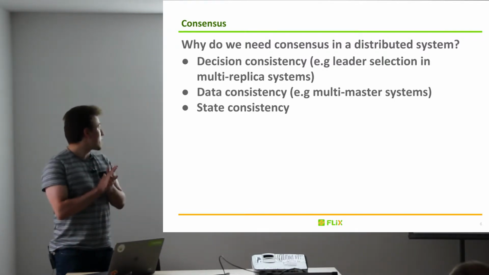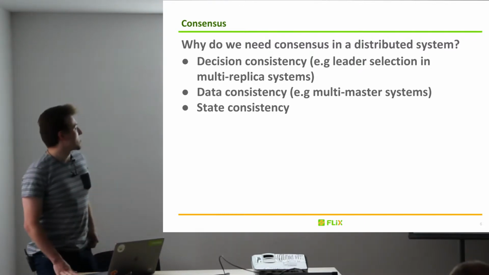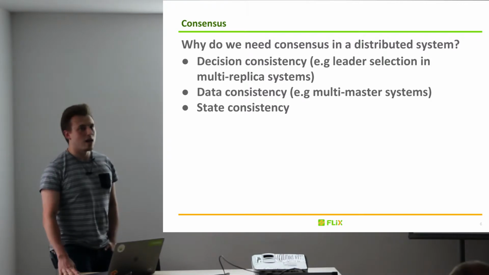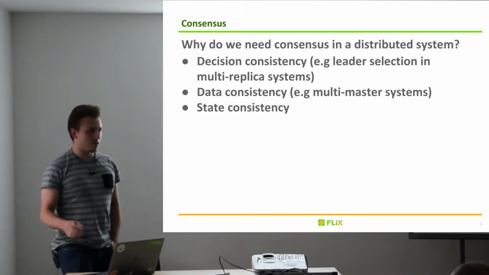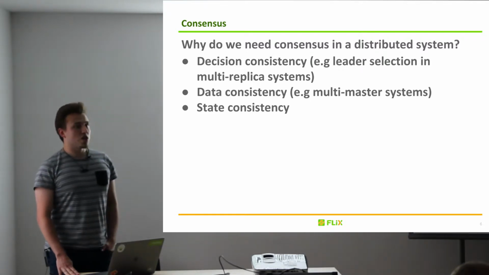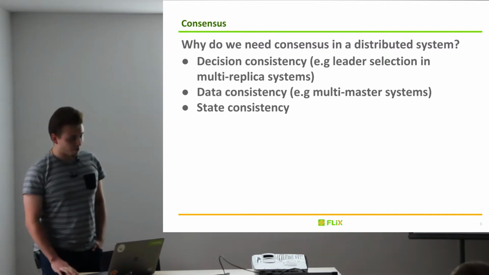Then there's another case of decision consistency where, for example, a multi-master system, CockroachDB, Elasticsearch, whatever, needs to decide which node to select as a leader in case of failure.